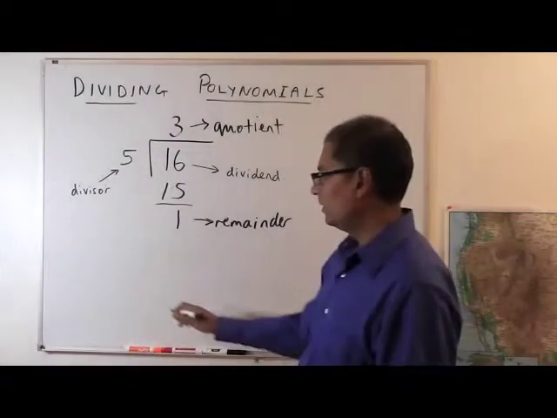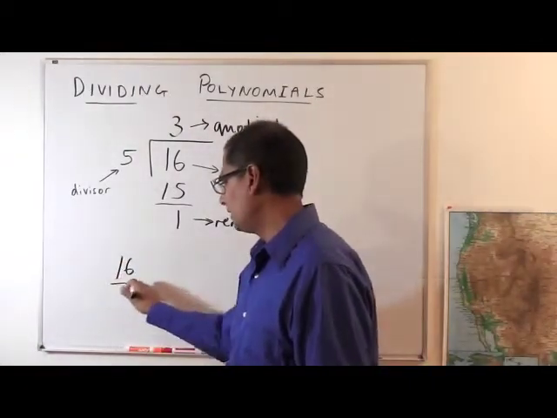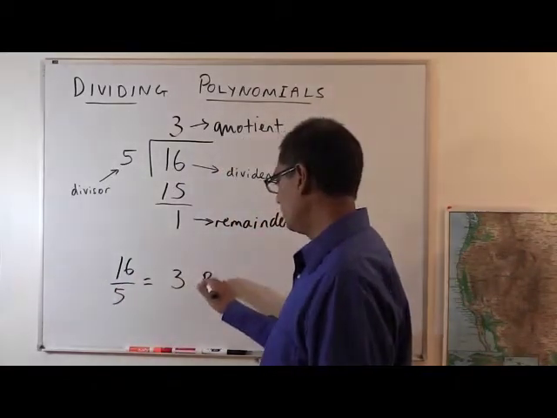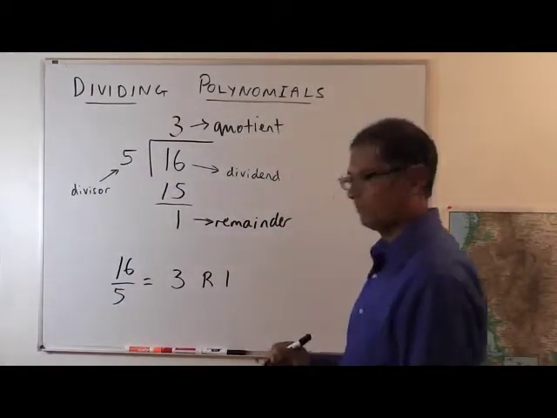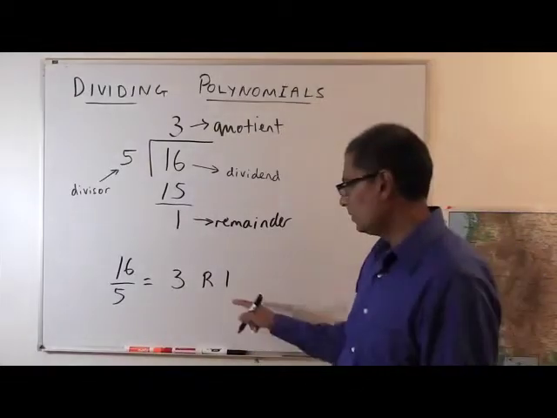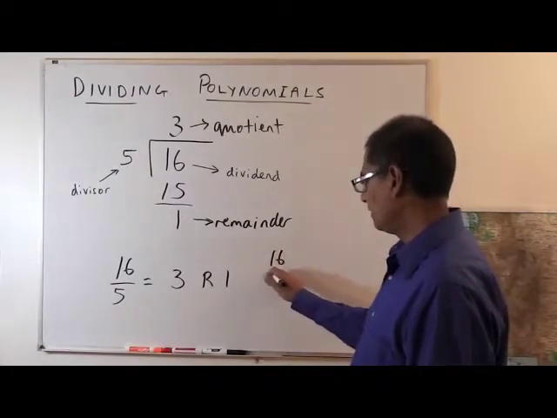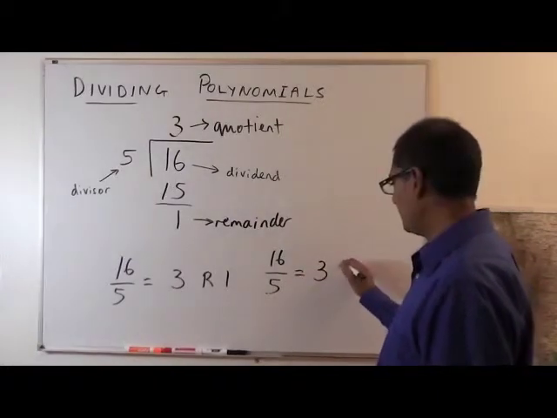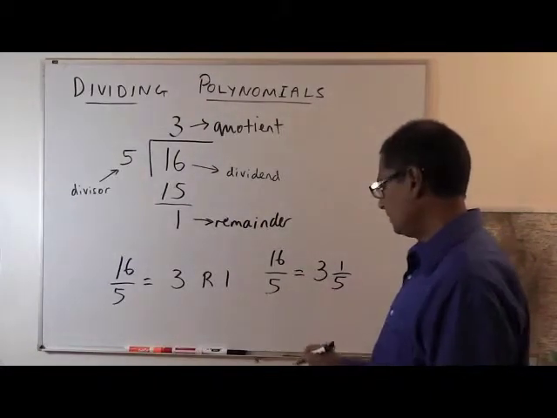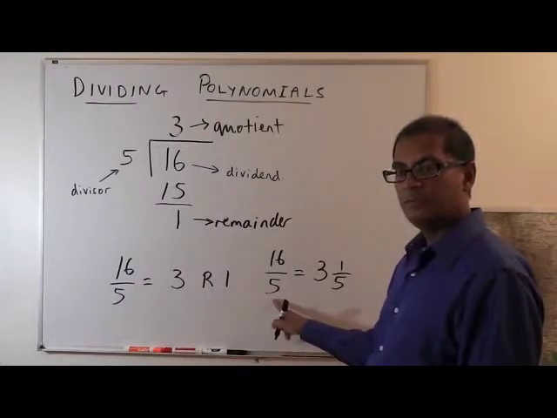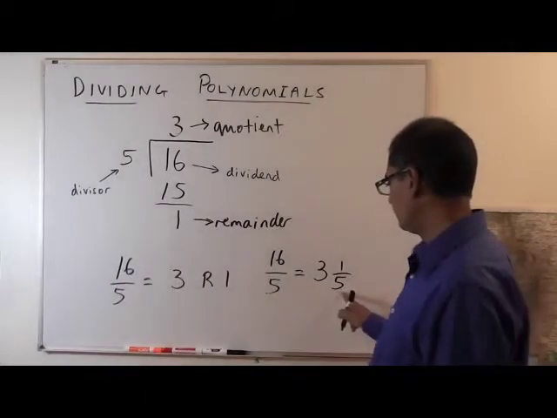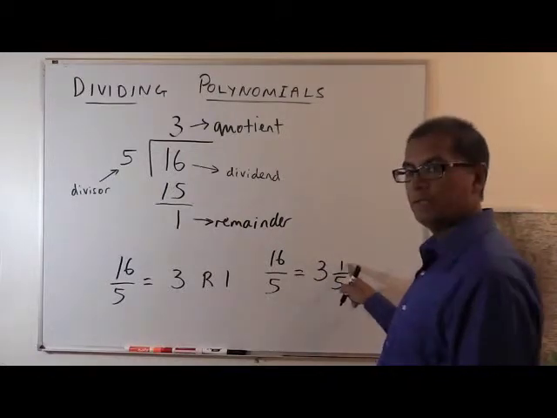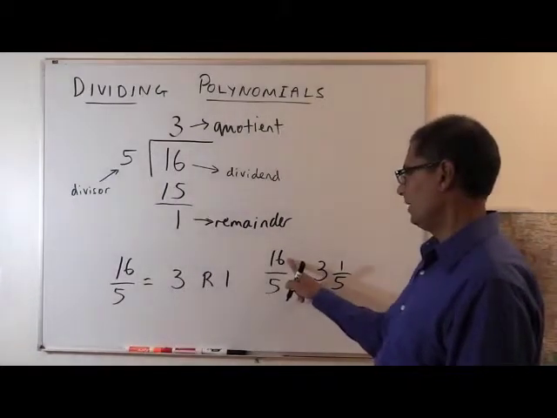So in other words, 16 divided by 5 is equal to 3 with a remainder of 1. Or we could say 16 divided by 5 is equal to 3 and 1/5. So notice 5 is the divisor, 3 is the quotient, 1 is the remainder, and 16 is the dividend.